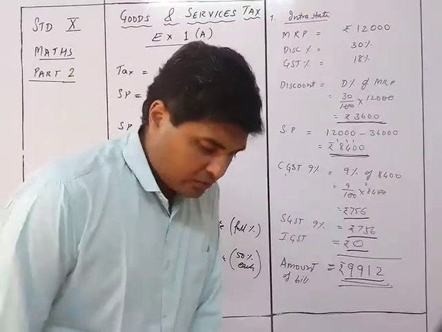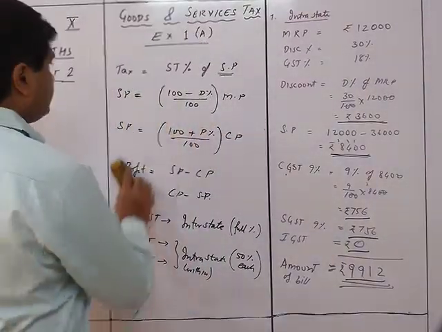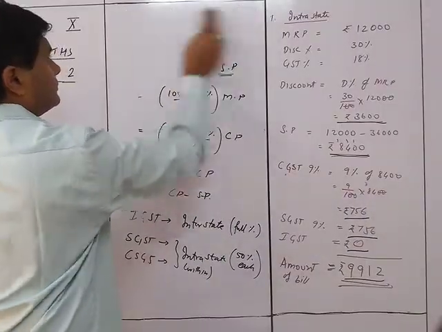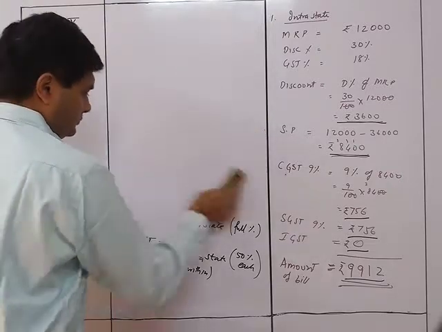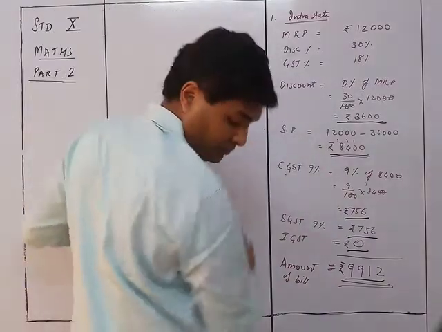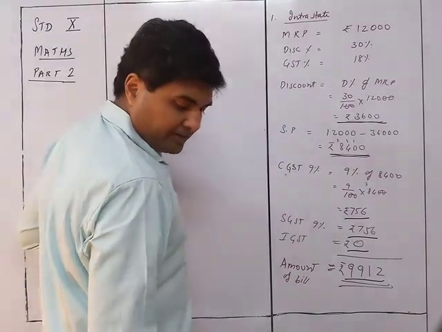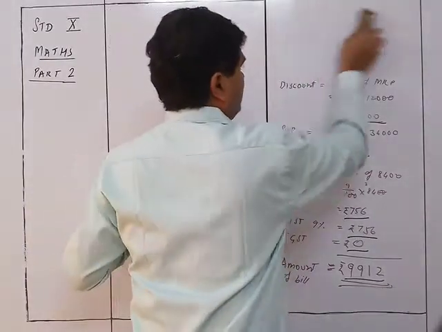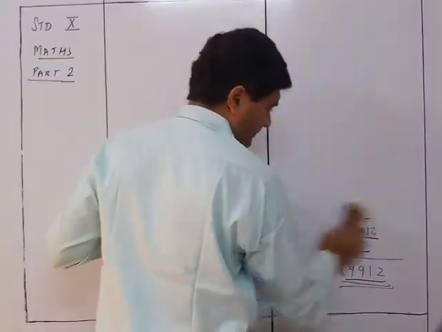We move forward to sum number 3. There is a table form, so I will have to use it completely.